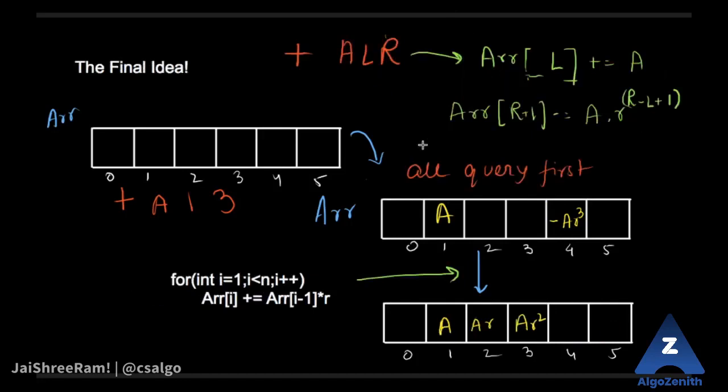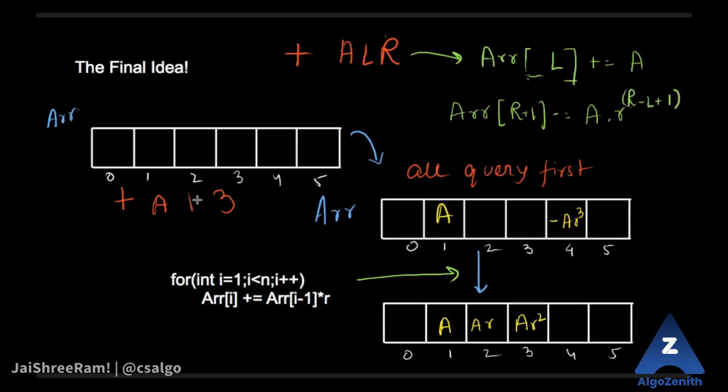So the final idea is that whenever you get a query L, R, that is the contribution of the GP starting with A in the range L to R, you just add A at index L, and you subtract A times R to the power capital R minus L plus 1, that is the last cell value over here.